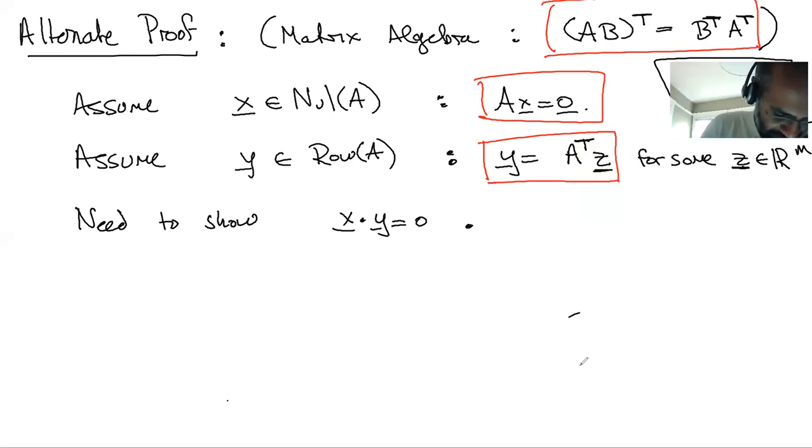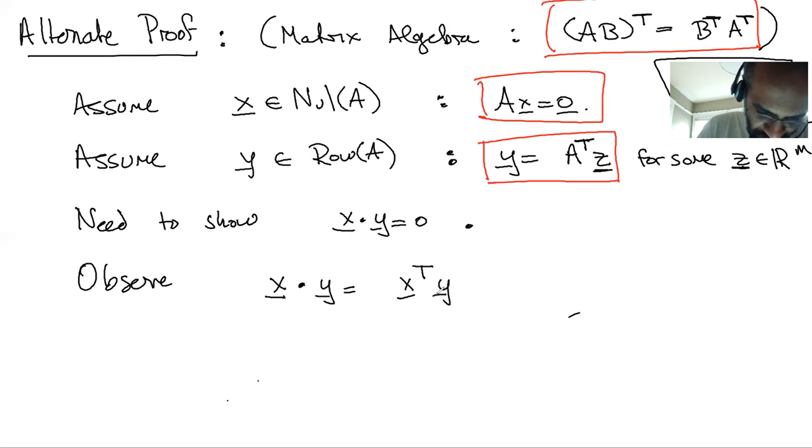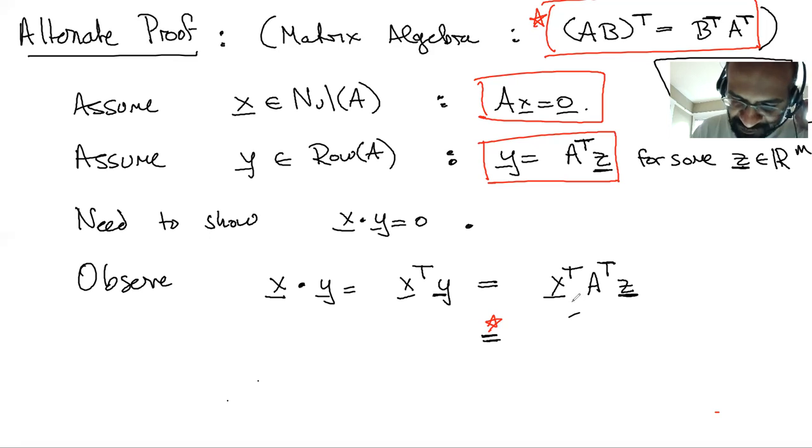So now the key observation is that X dot Y is just equal to X transpose Y, right? But now Y is equal to A transpose Z. So this is X transpose A transpose Z, by the second box. And now we do the slick thing where we use the property star of matrix algebra to see that X transpose A transpose is just (AX) transpose.